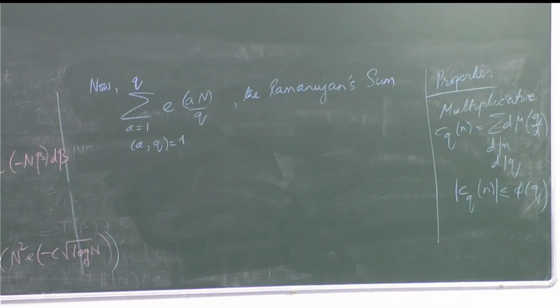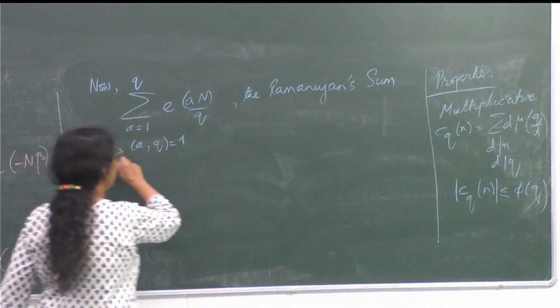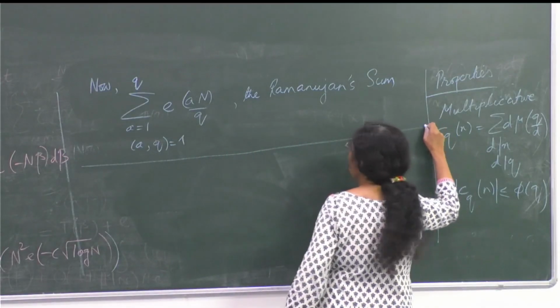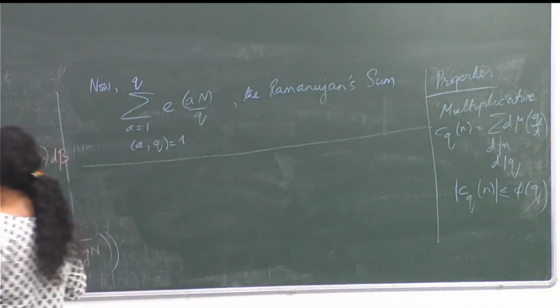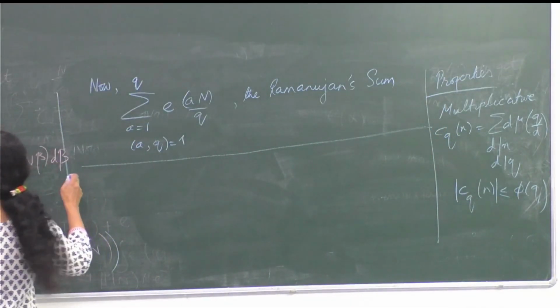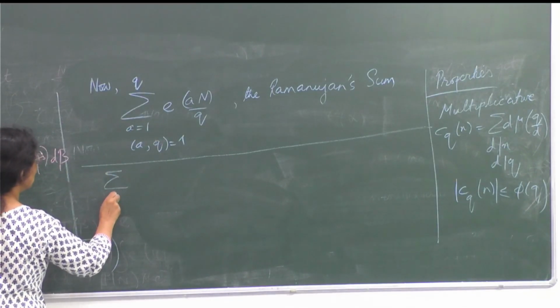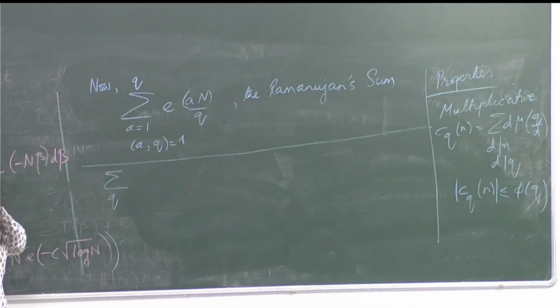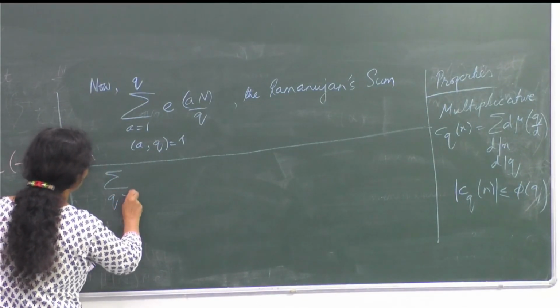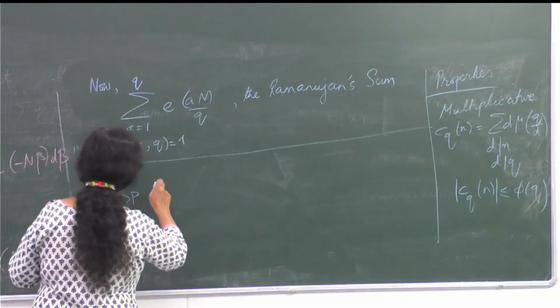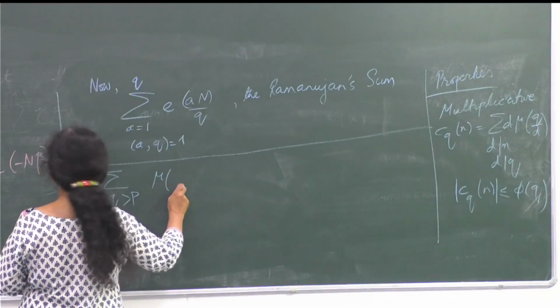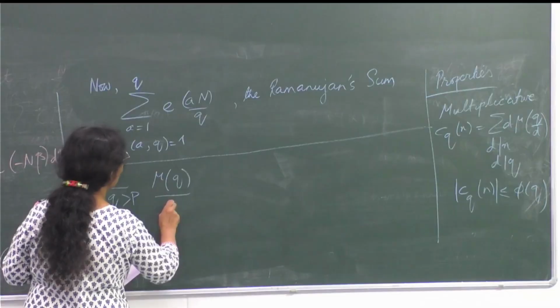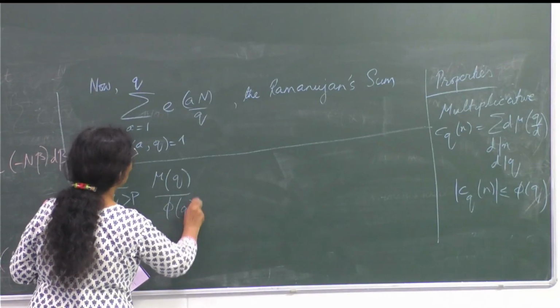Let me try and estimate this. The summation over q greater than p of mu q phi q cubed.